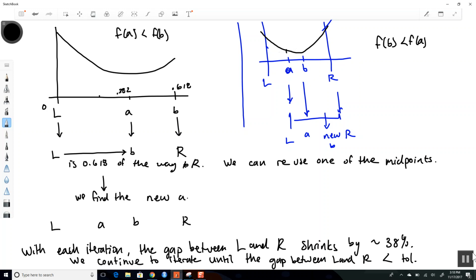Okay, let's talk multidimensional optimization. Here we'll just look at one algorithm called coordinate descent.